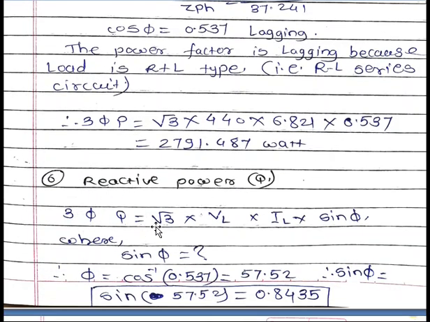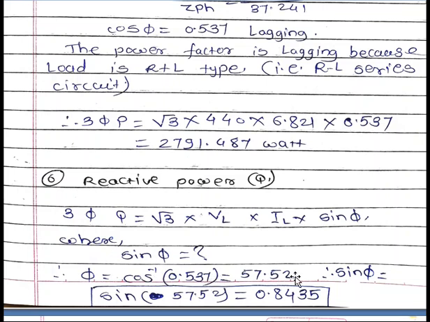Now we calculate the value of reactive power. The 3-phase reactive power formula is equal to root 3 into VL into IL into sin phi, where the value of sin phi is unknown. From the above calculation, we calculated the value of cos phi. So the calculation for the value of phi is cos inverse of 0.537.